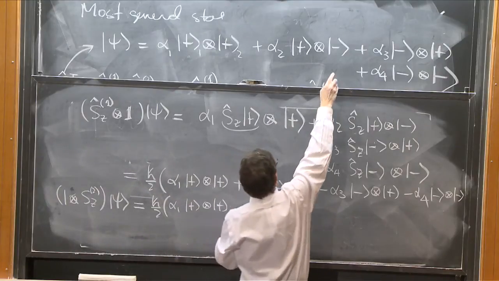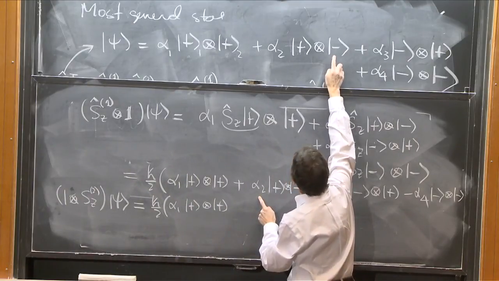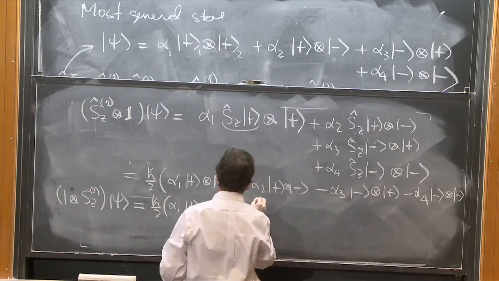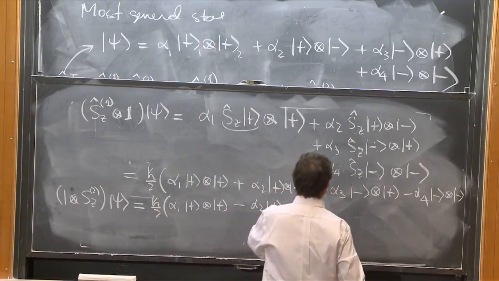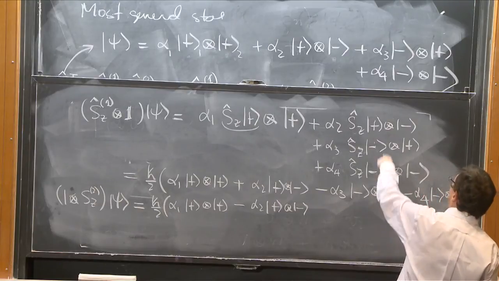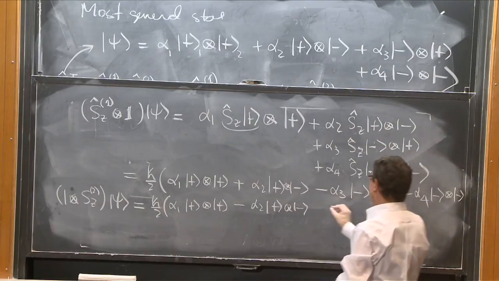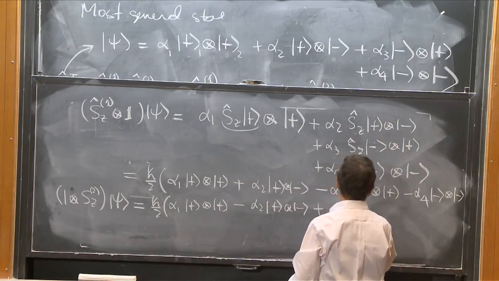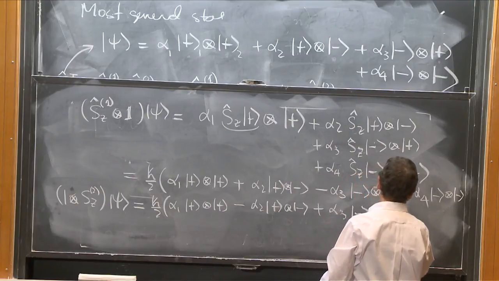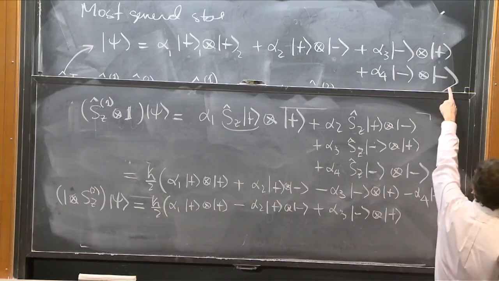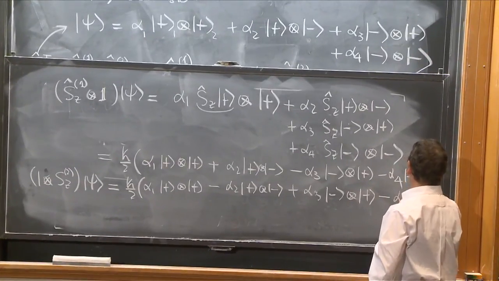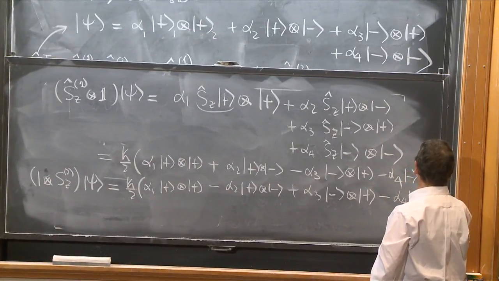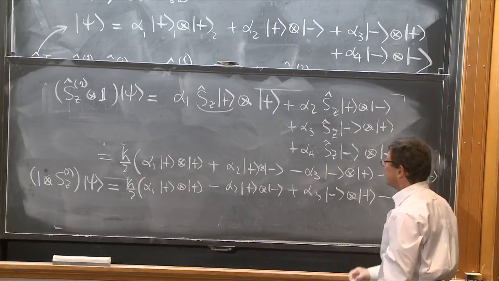For the second one, however, you get a minus because it's the second operator, so minus alpha 2 plus minus. For the third one, it's a plus, so you get plus alpha 3 minus plus. And for the last one, it's a minus, so you get minus alpha 4 minus minus.